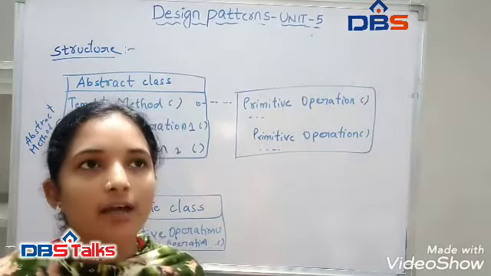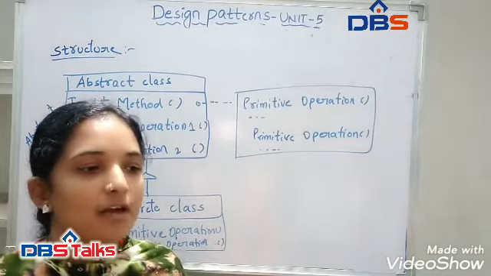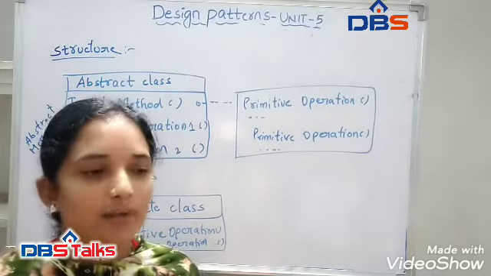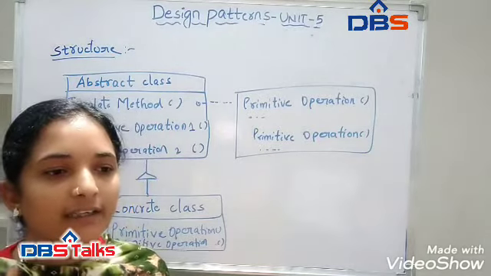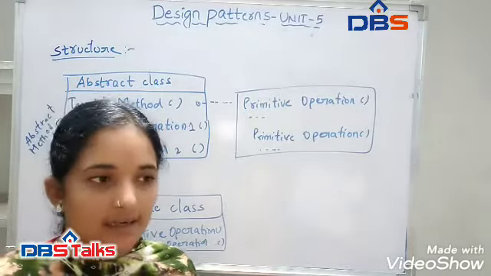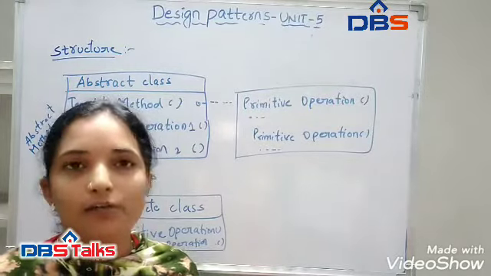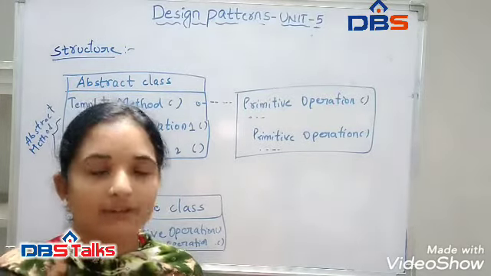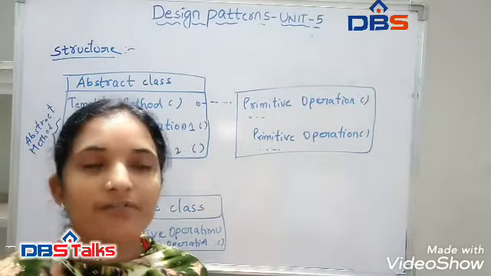Another kind of operation in the template method is concrete abstract class operations, which are operations that are generally useful to subclasses. Another kind is primitive operations, that is, abstract operations. Another kind is the factory method.